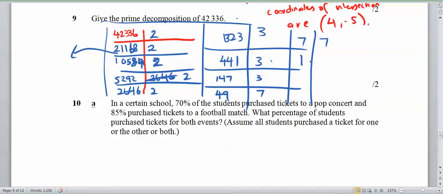It's still pretty cool. So therefore 42,336 is equal to 2 to the power of 5 times 3 to the power of 3 times 7 to the power of 2. And that's our prime decomposition.